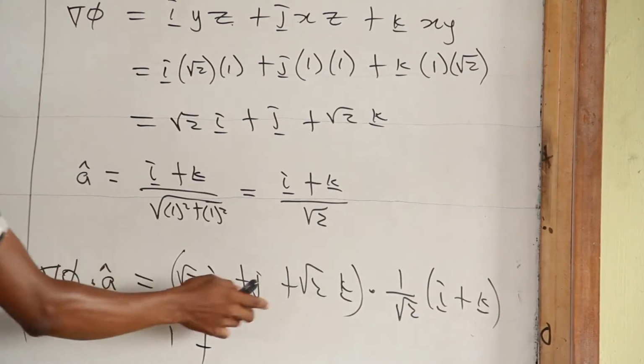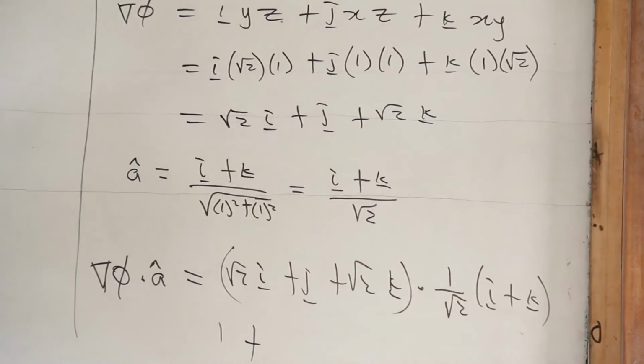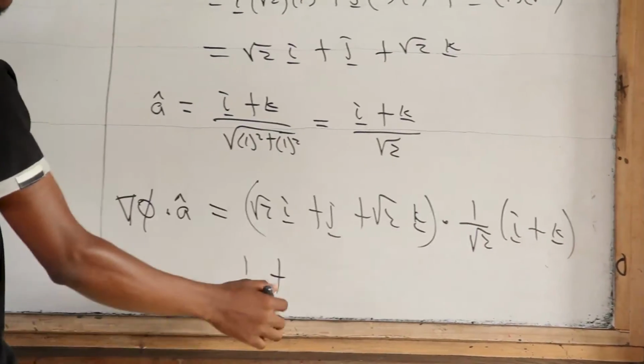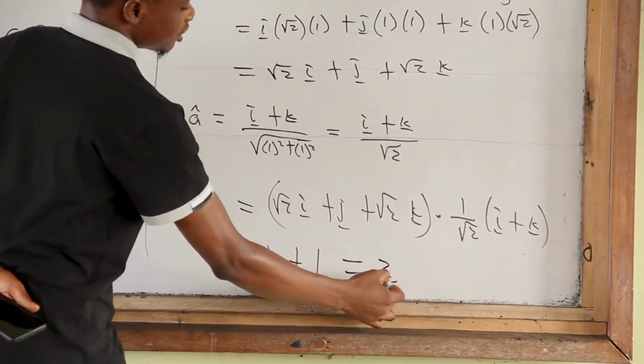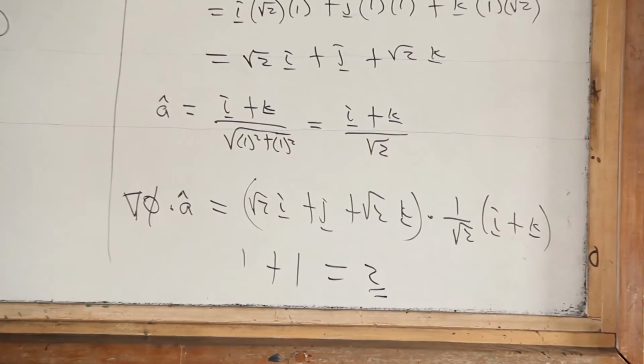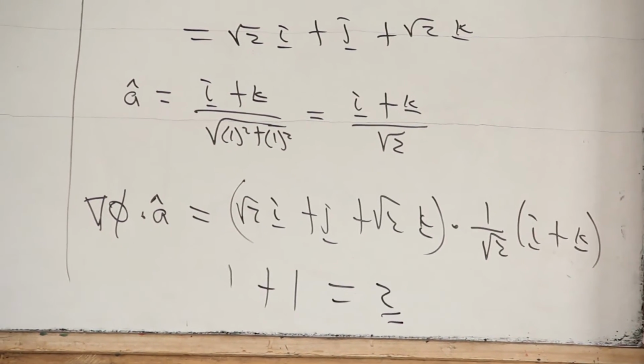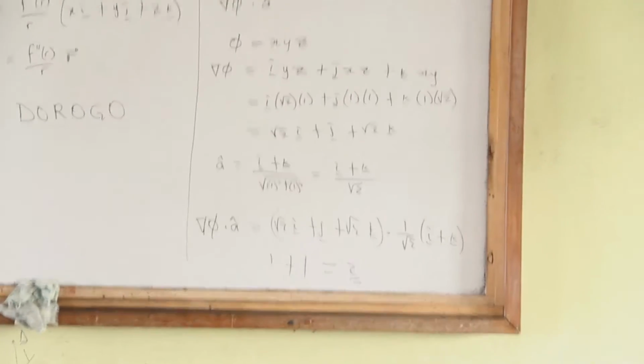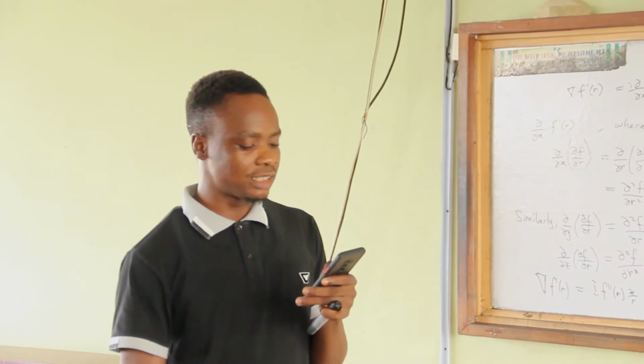Plus the j component, this one has no component here, that is 0. I'll bring the k component, root 2 divided by root 2, that is another 1. So the result is 2. Does it make sense? Is this clear? So that is what option? Option D. Number 26 is option D.